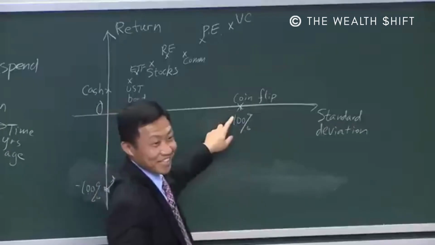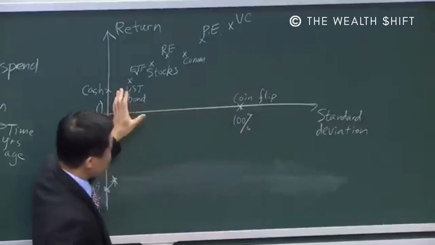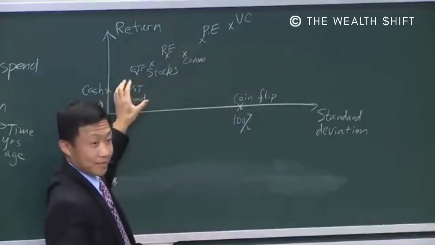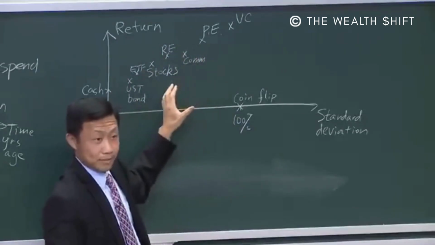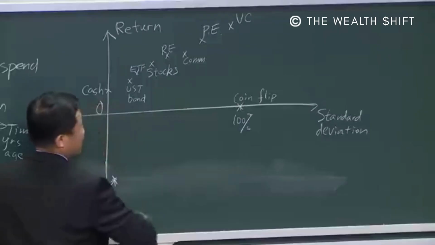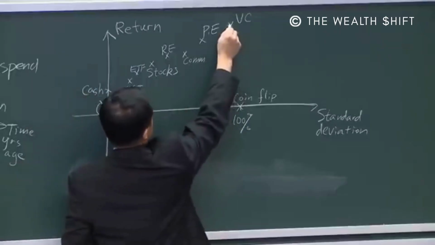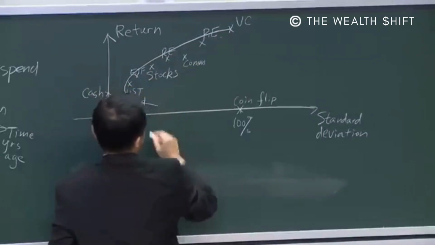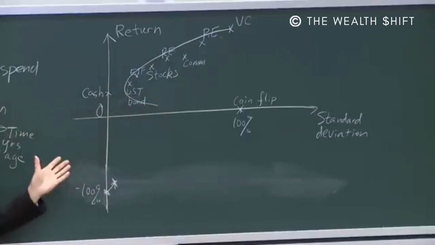So will you pick this one? Will you pick this one? Then eliminate those two, but for these, that's actually all possible, right? So that's where we learned about the efficient frontier. What is the efficient frontier?